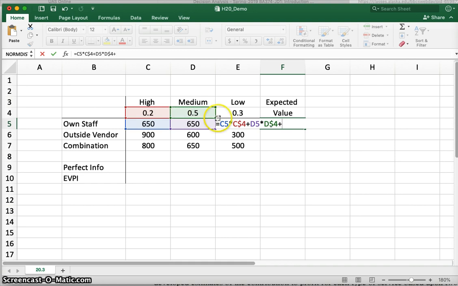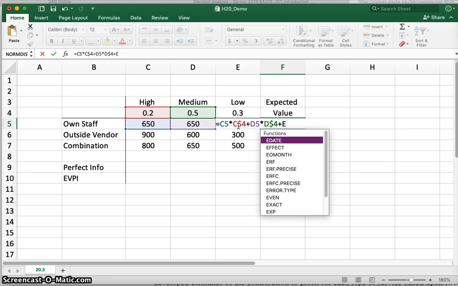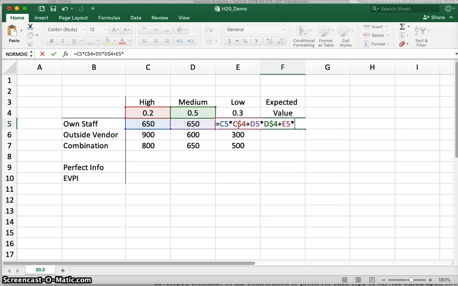Plus, what would happen with low demand, that would be E5 times the probability. Now I better put some parentheses around here or the math is not going to work right.